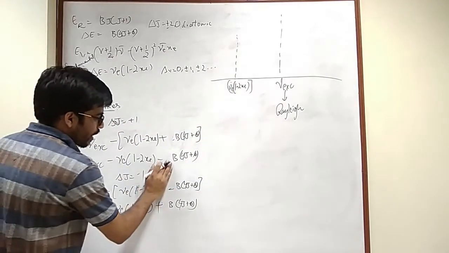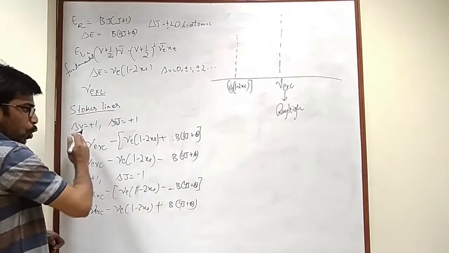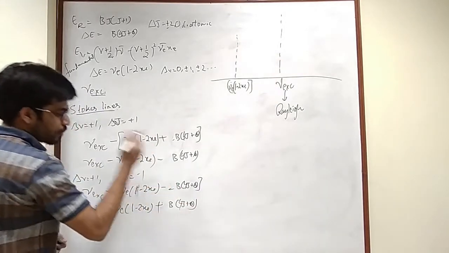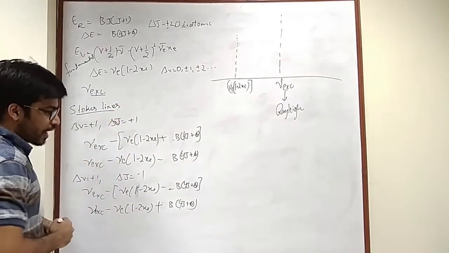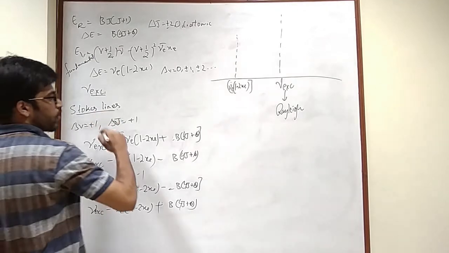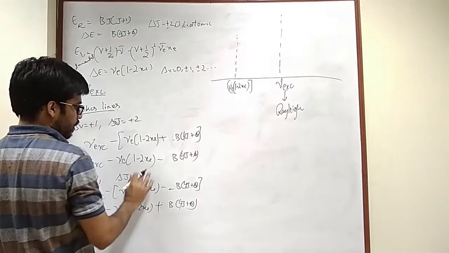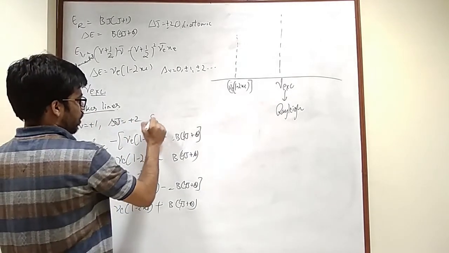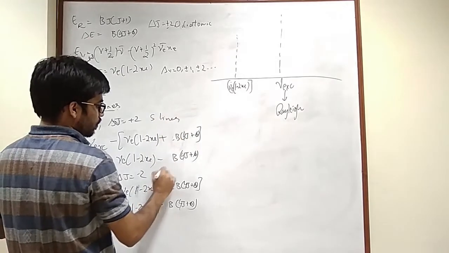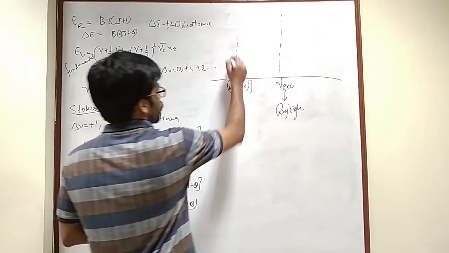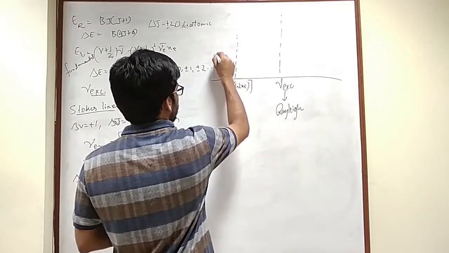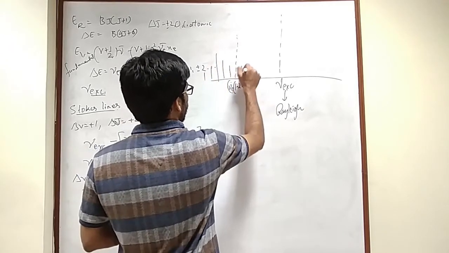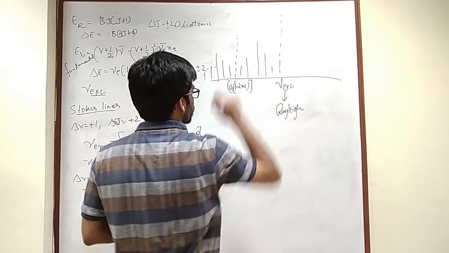Now there are rotational lines on the lower energy side of that and on the higher energy side. The lower energy side will be S lines and the other side will be O lines.